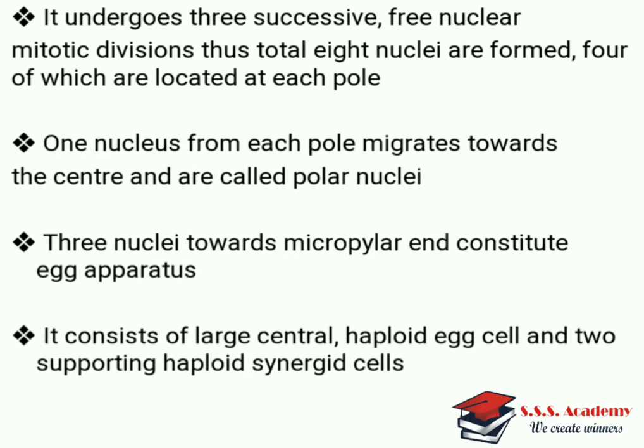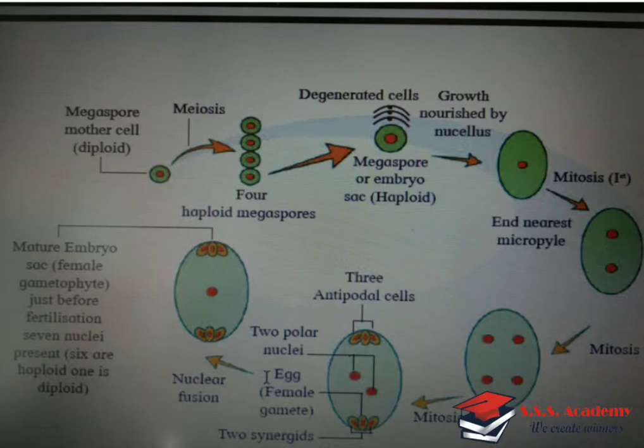The downside two synergid cells show these hair-like projections, called the filiform apparatus. The antipodal cells, the three cells on top, are a group of 3 cells present at the chalazal end. Upside at the chalazal end, these are called antipodal cells.